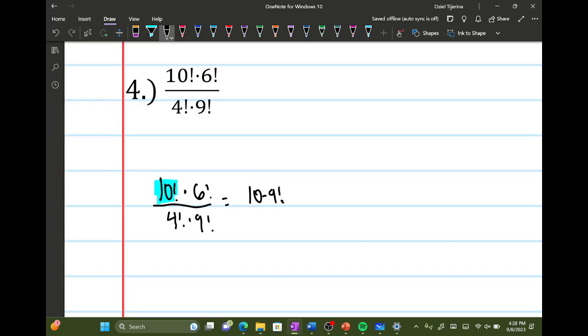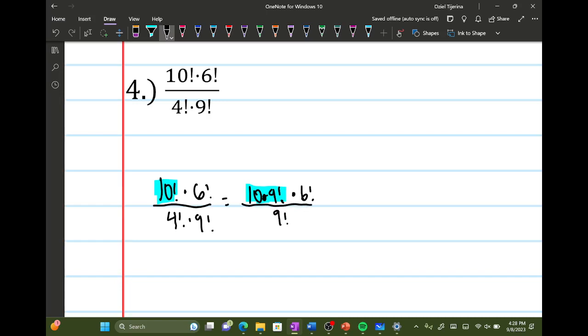Okay, so that is what that part is, 10 times 9 factorial. And then we have a times 6 factorial. And on the bottom, we also have a 9 factorial.